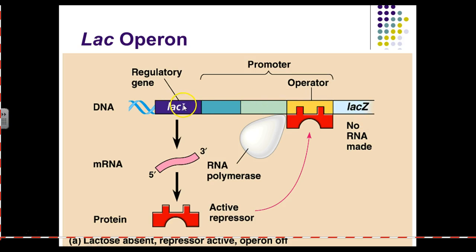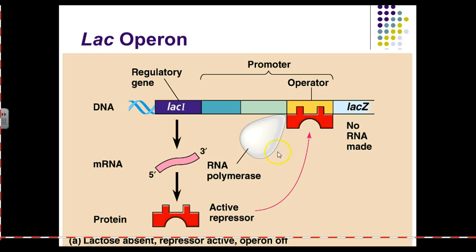And up in front of this operon, there is going to be a regulatory gene that will code for the production of a repressor. When this gene is transcribed and translated, a protein repressor will get produced. And that protein repressor is going to have some unique 3-dimensional shape. Notice in this particular model, this repressor has a shape that plugs in beautifully to that operator.